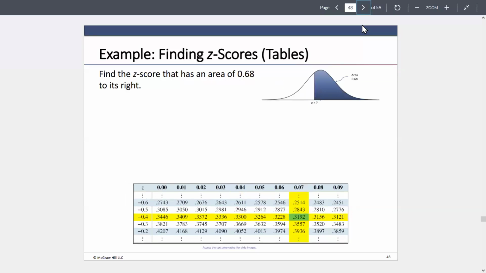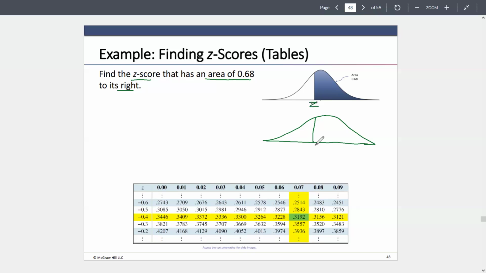So let's say we're looking for an area to the right now. If you remember, once again, z-tables always tell me area to the left. But I want to find the z-score of an area of 0.68 that's to the right. So I have to go back and do my conversion here.